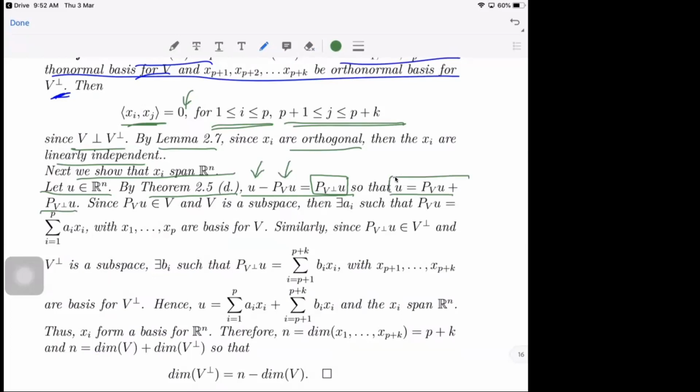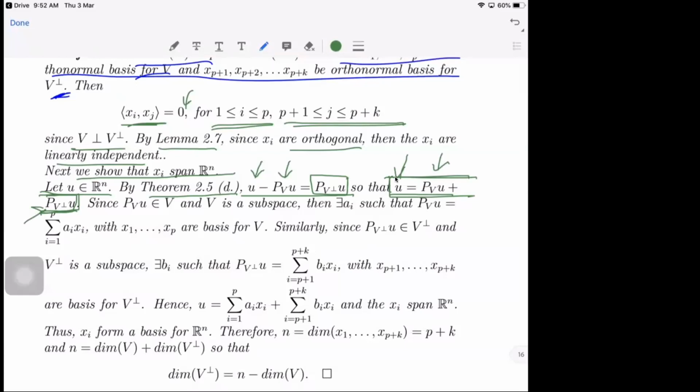Mao man ni atong gisulti sa una na the original vector is equal to the projection plus the rejection. If you recall, ang projection nini, katong projection na nasa V perp mao to ang rejection. So the original vector is equal to the projection plus the rejection.